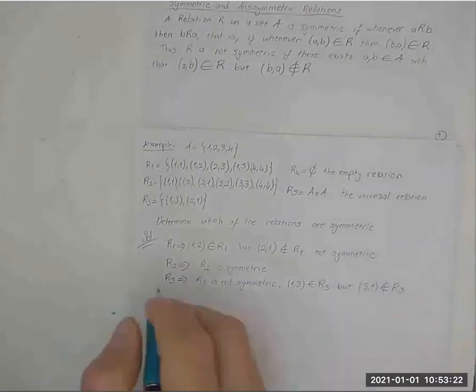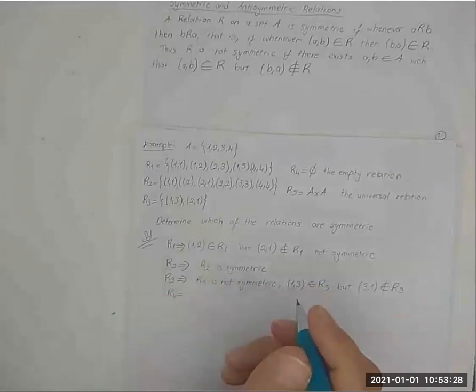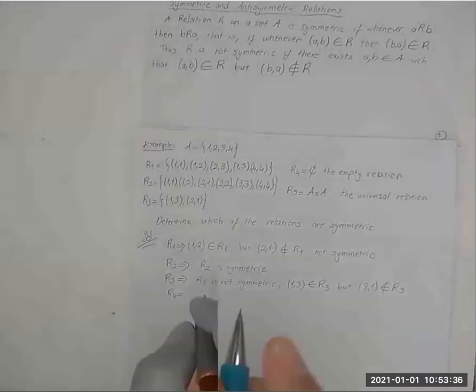R3 is not symmetric because (1,3) is there but there is no (3,1), and (2,1) is there but there is no (1,2). So this is not symmetric.